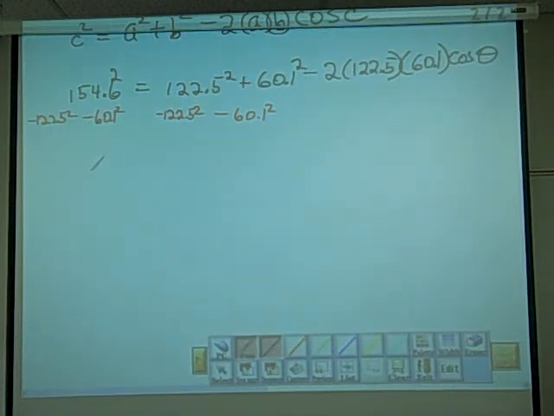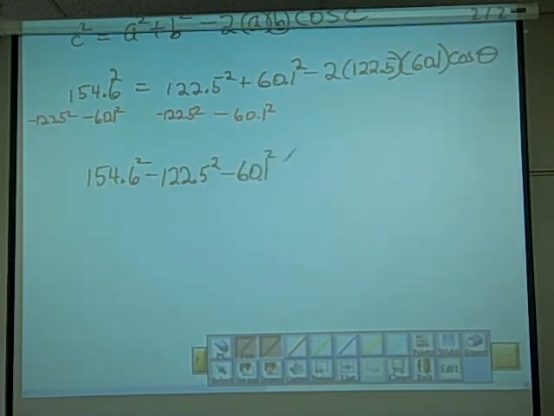We've got 154.6 squared minus 122.5 squared, this is a decimal here, minus 60.1 squared, and that equals negative 2 times 122.5 times 60.1 cosine theta.